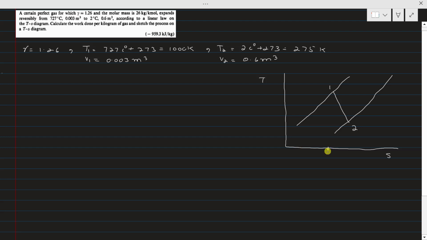That is obvious. This is S1 and this is S2. Now this is volume V1, that is 0.003 meter cube. This is the volume V2, that is 0.6 meter cube.